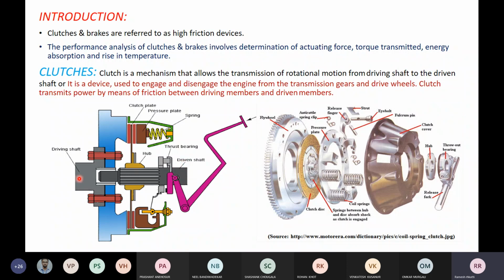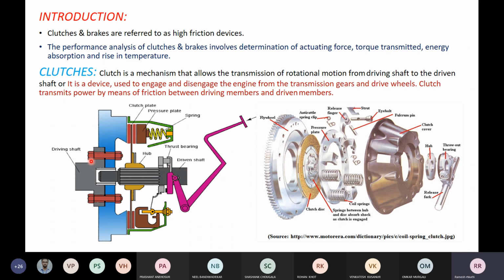It is a device used to engage and disengage the engine from the transmission gear and the drive wheels. The clutch transmits power by means of friction between the driving member and the driven member.